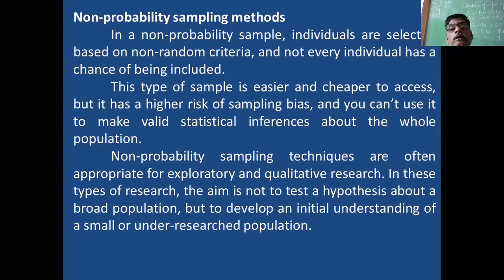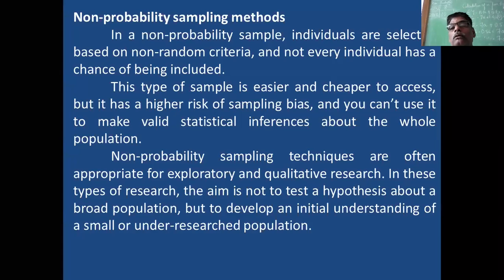Testing the hypothesis means testing the assumptions. Assumptions may be tested with the help of known or unknown. But we are doing the research on this population, for an initial understanding of the small or under-researched population.